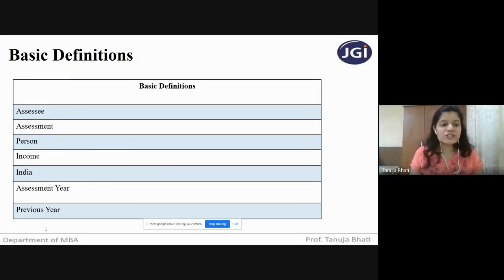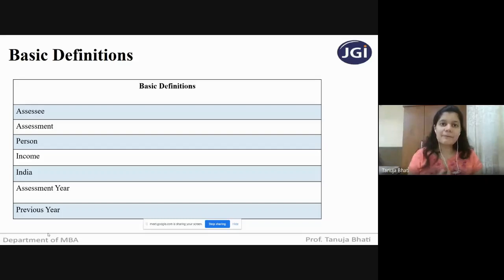Assessment year is the year in which the income which is earned in the previous year is assessed to tax. Remember, students, this is the golden rule of income tax, that any income earned in the financial year or previous year is always liable for tax, or assessed to tax, in the next year, in the assessment year.